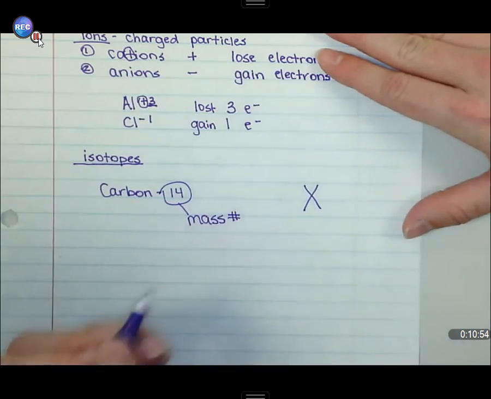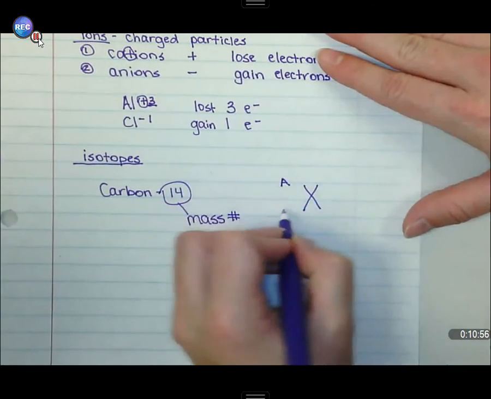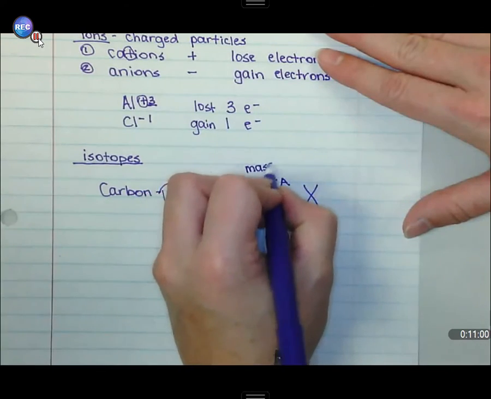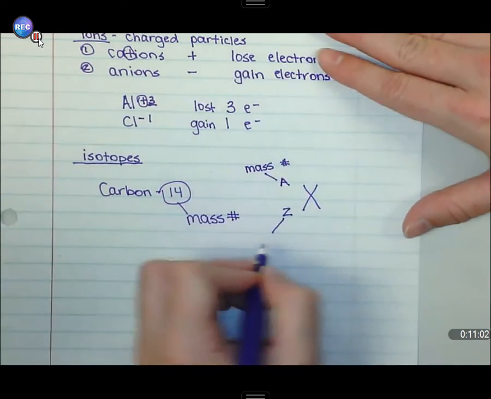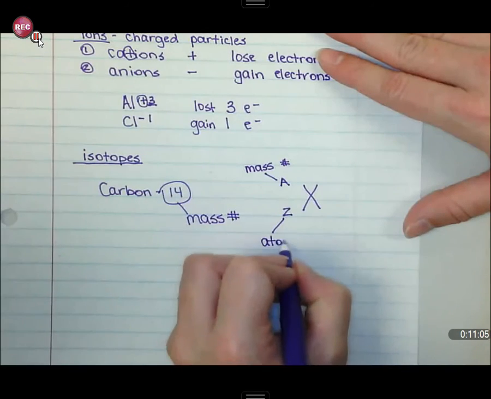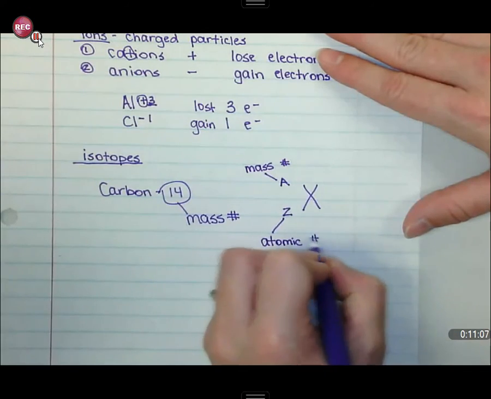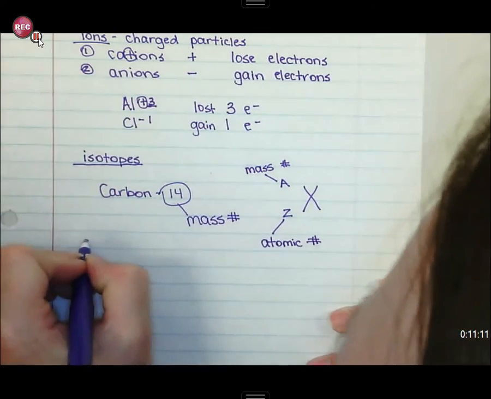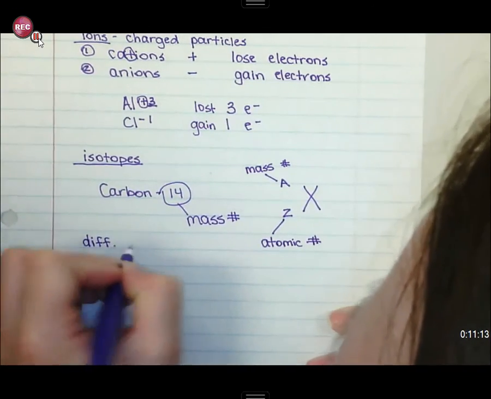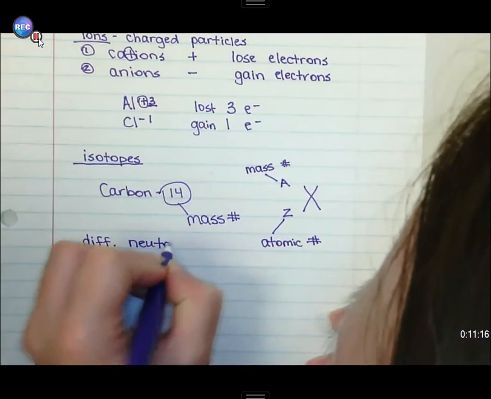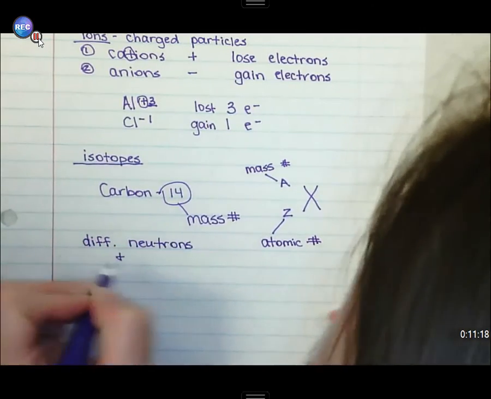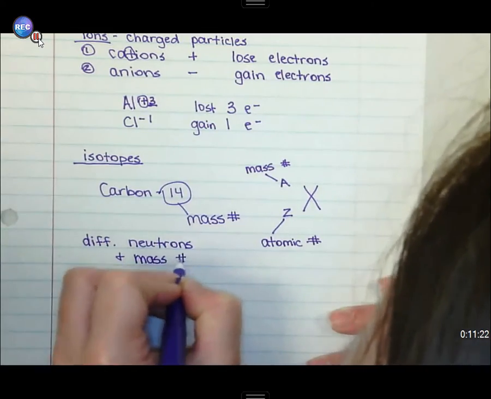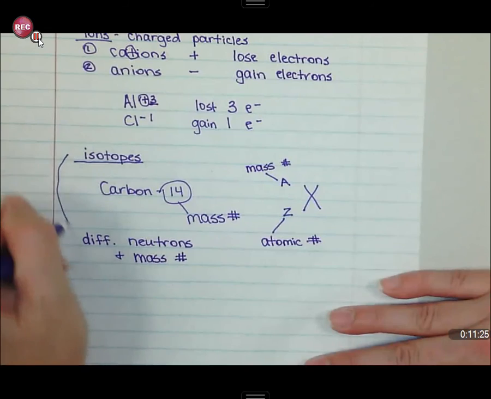We have X, which is your element, and we have A to Z. A is going to be your mass number, and Z is going to be your atomic number. Now remember with isotopes, it has a different number of neutrons and a different mass number. Okay, so you need to know what isotopes are.